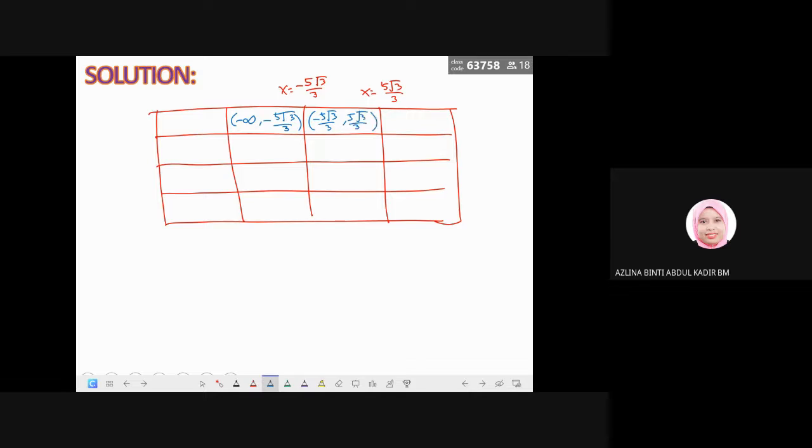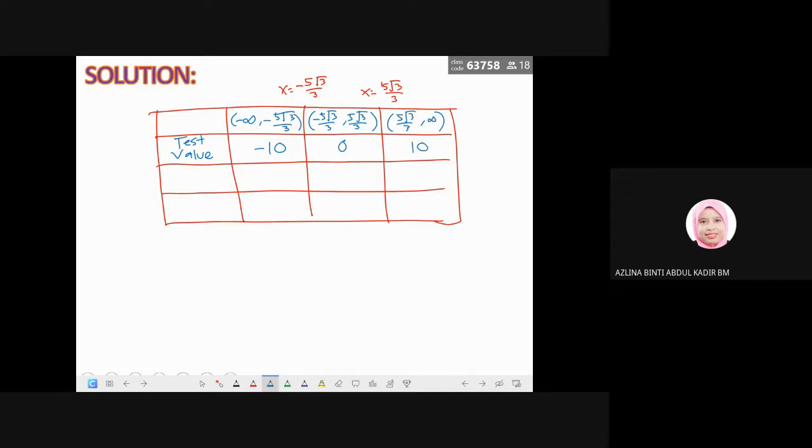Tulis interval. Okay, test value. Ambil lah berapa value dalam interval tu. Let's say saya ambil negative 10. Okay, then here is 0, positive 10.